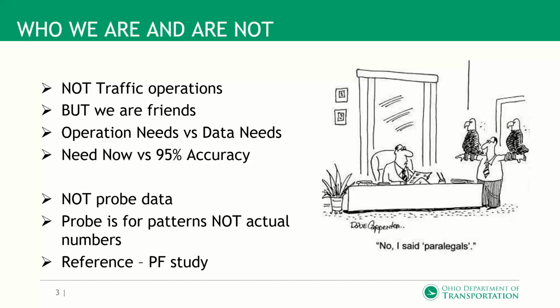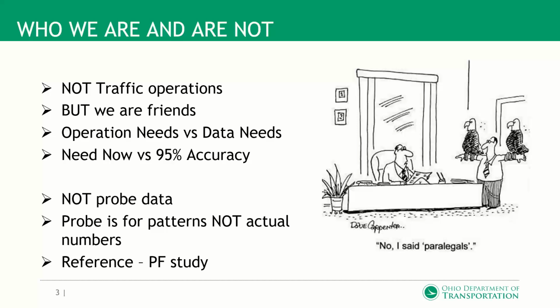One of the other things that we are not is probe data. In traffic monitoring, we are not StreetLight data. Probe data is amazing for patterns. One of the big caveats I want people to know is: do not use it for actual numbers. We were part of a big pooled fund study.